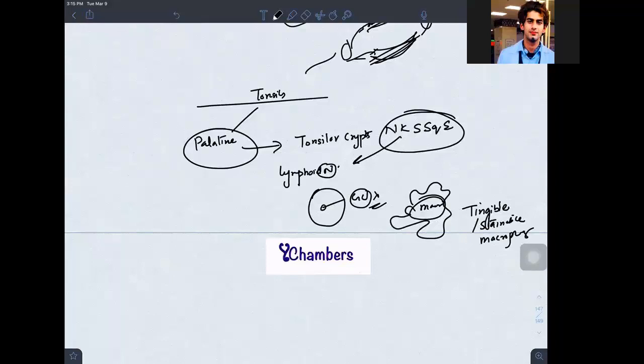Here I will say that once you stain these lymphocytes, they produce a darkish tinge, a dark contrast will be seen, and that is called a starry night appearance. Have you seen a starry night appearance? So the starry night appearance is seen by these tingible macrophages.